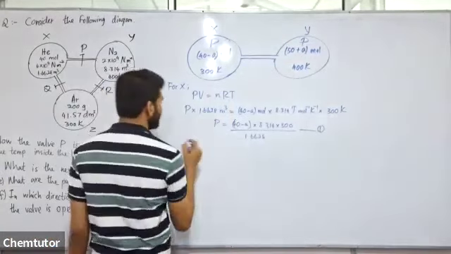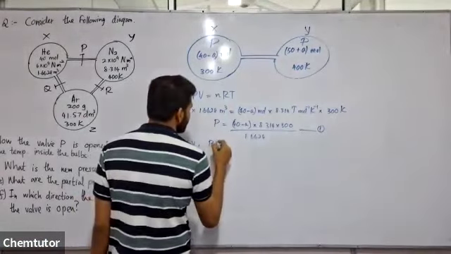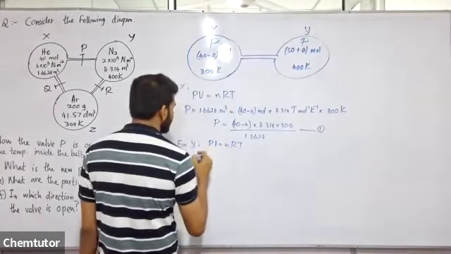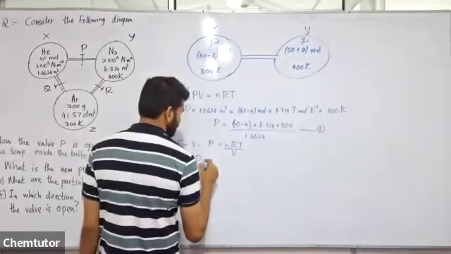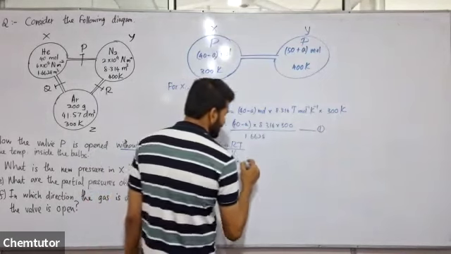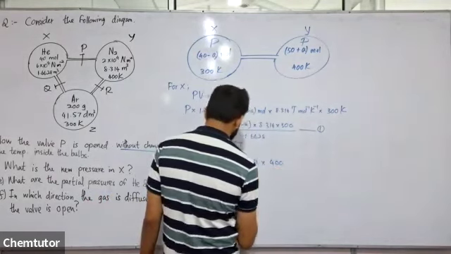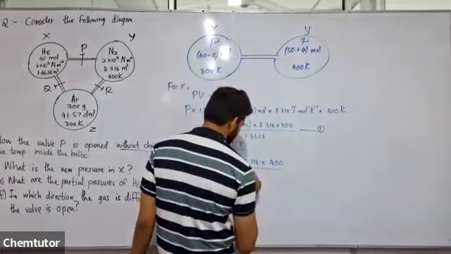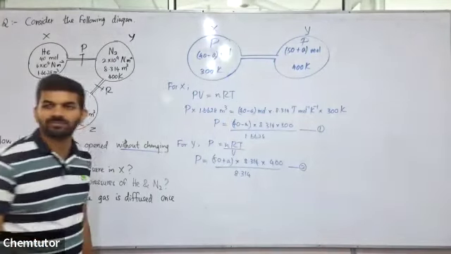Then for the bulb Y, again we can apply P equals nRT. Then the pressure will be the number of moles, that is 50 plus A, R is 8.314, temperature is 400, divided by the volume, which is 8.31. That is equation number 2.